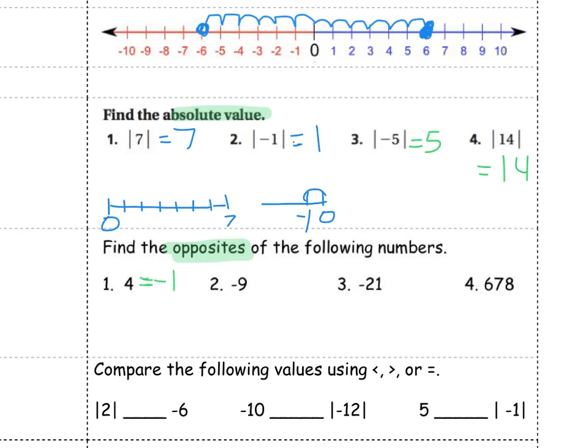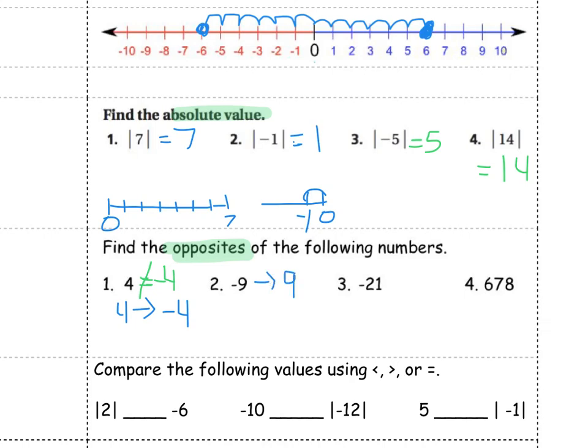And don't put an equal sign in between there because they're not equal. Some people will put that equal sign in, but they're not equal. So you can say an arrow, the opposite of 4 is -4, but don't put an equal sign. So the opposite of -9 would be a +9.